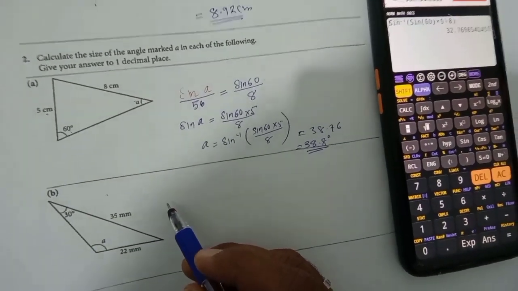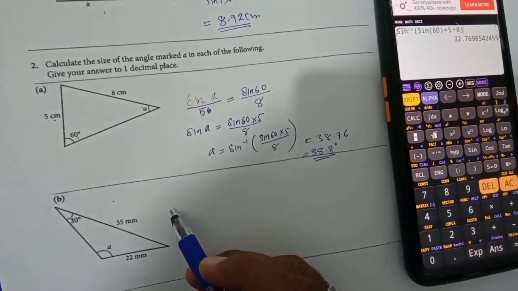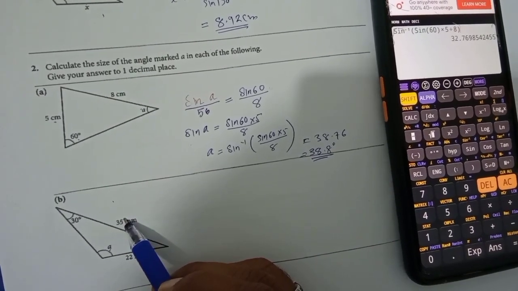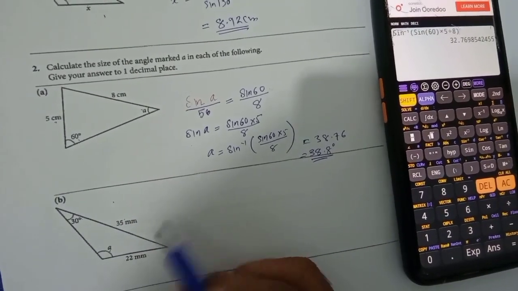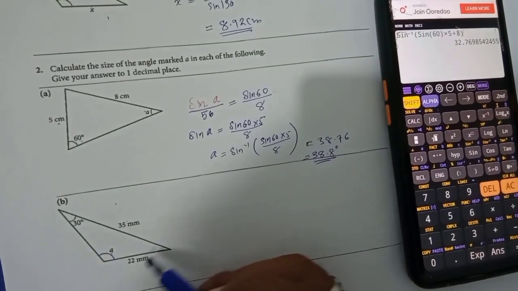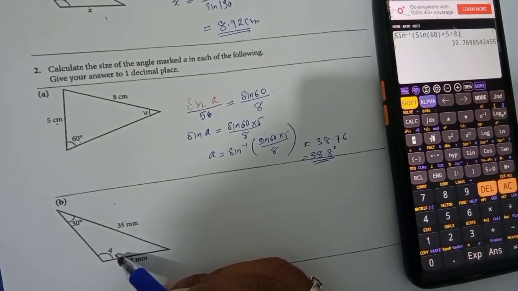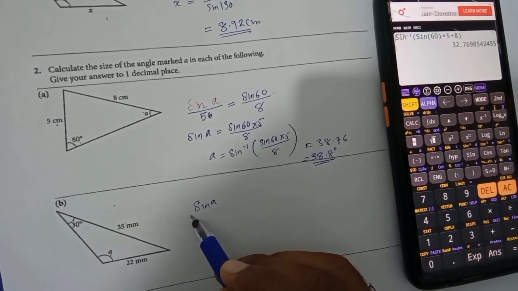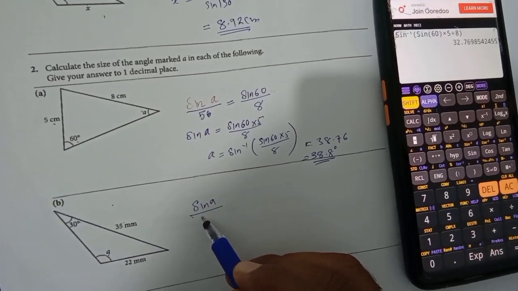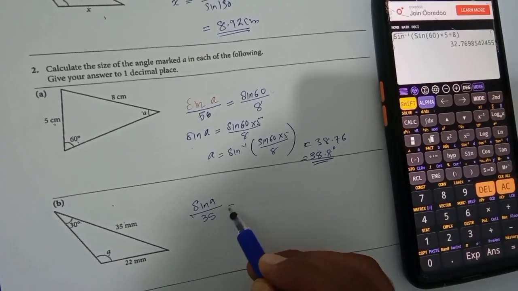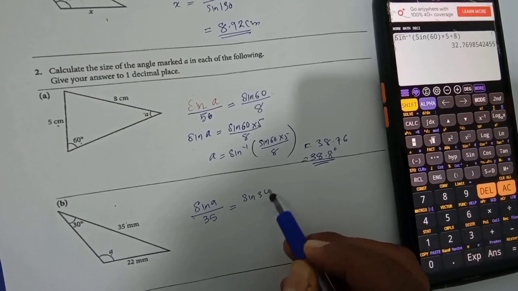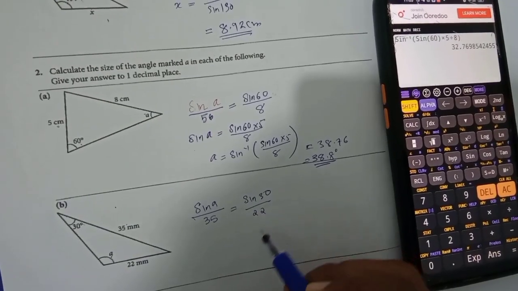Look at the next one. We can identify the sine rule here too, because we have an angle and an opposite side, and we are going to find the angle. So we start with the angle: sine A divided by 35 equals sine 30 divided by 22.